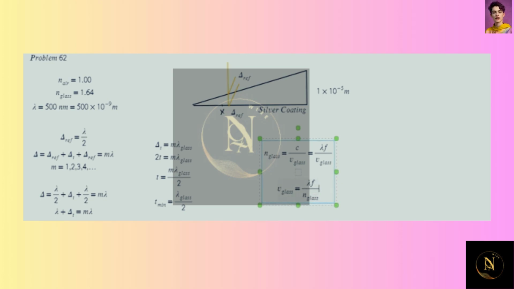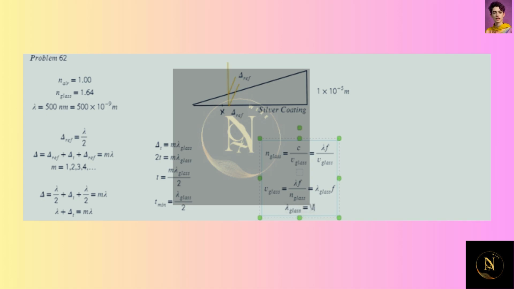So this is done by rearranging this equation here. I could take the reciprocal of both sides and then multiply both sides by lambda f. That's how we get this. But velocity of glass is just going to be equal to lambda glass times the frequency. And the frequency is determined by the source. So these two f's cancel out, and then we get an expression for lambda glass.